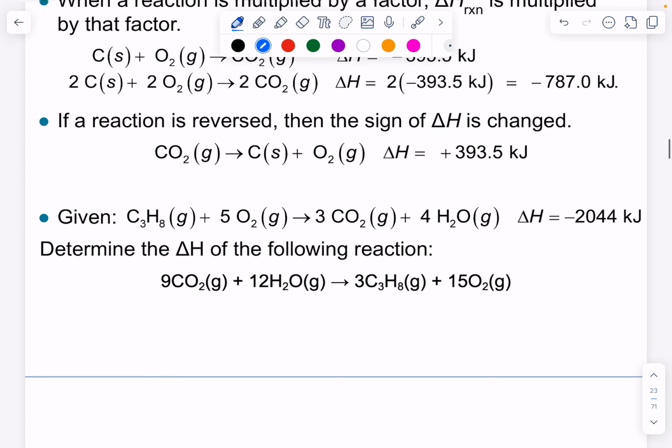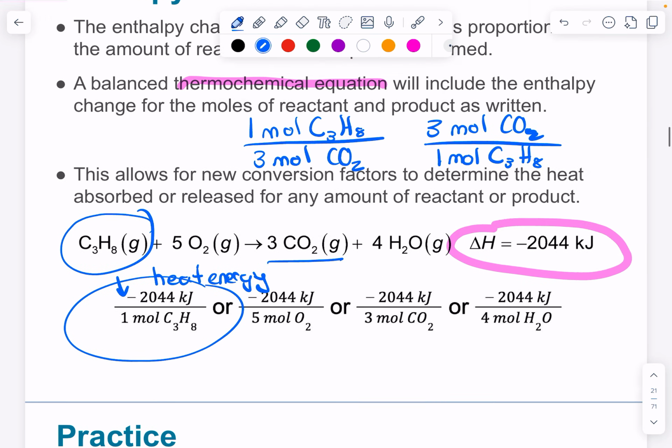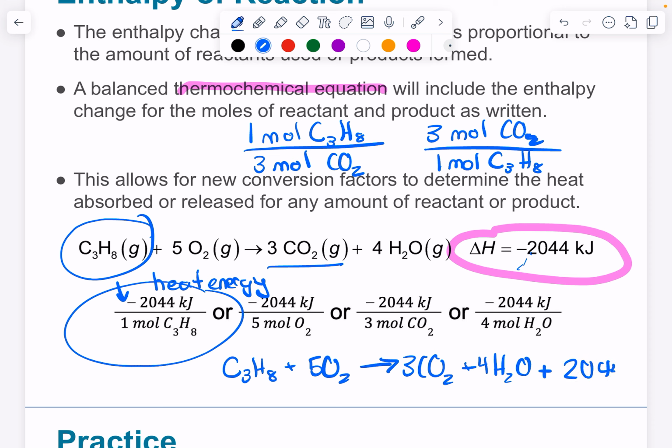So the other thing I want to add in is we can think about heat as being a product in this case because it is produced. Now, it'll always be written at the end, but if it's negative, keep in mind that what we're saying is that along with the CO2 and water, 2,044 kilojoules of heat comes off.